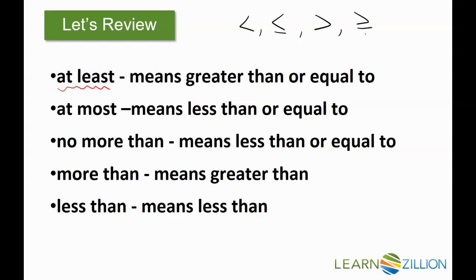So greater than or equal to, this is at least. Okay? At most is less than or equal to. And that, I'll explain scenarios for both of those.